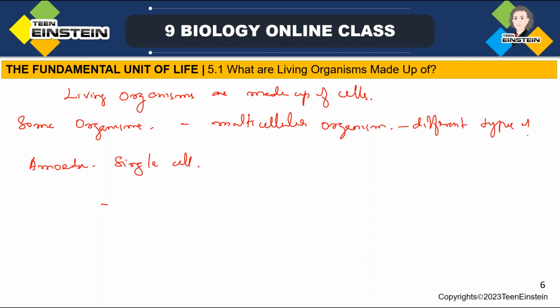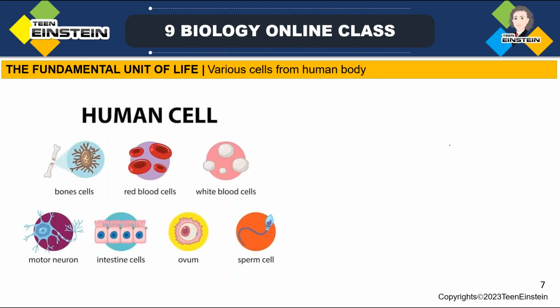For example, you can think about a human being. Human being is a multicellular organism, so in a human being you can see different types of cells.